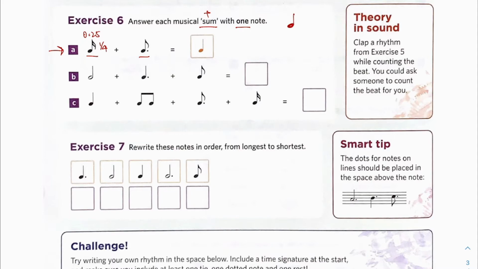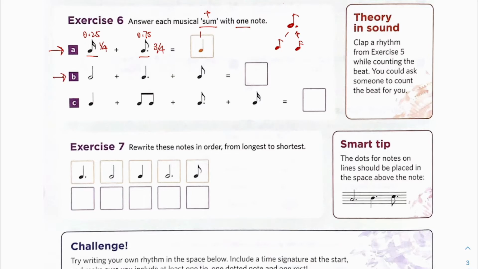A dotted quaver means a quaver plus the semiquaver, which is the same as 0.75 count or 3/4. So a quarter plus 3/4 equals 1. And we can use a crotchet to represent the answer.